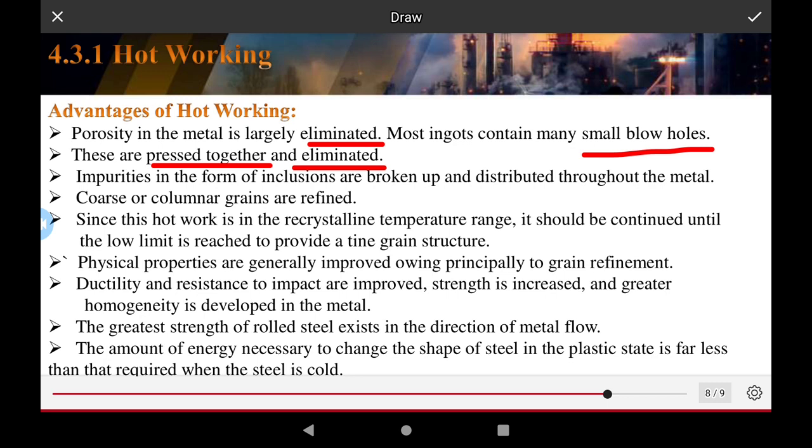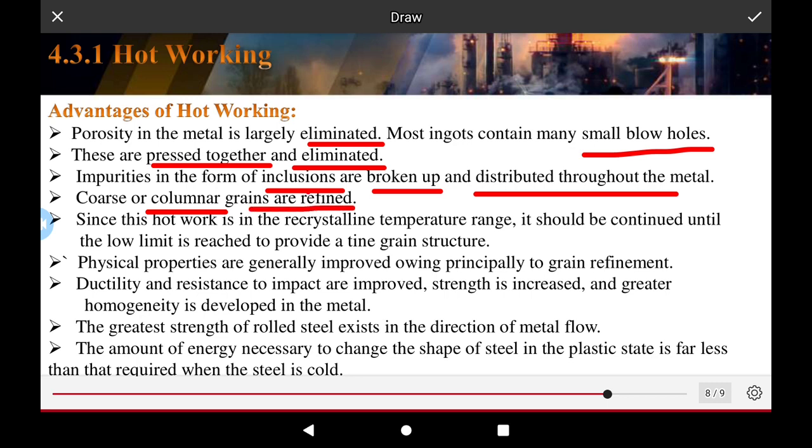Impurities in the form of inclusions are broken up and distributed throughout the metal, and the grains are refined.